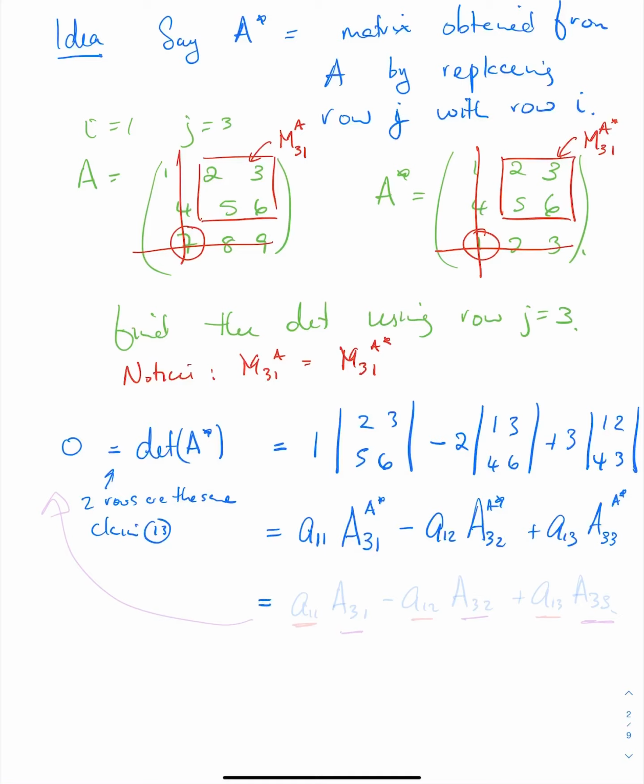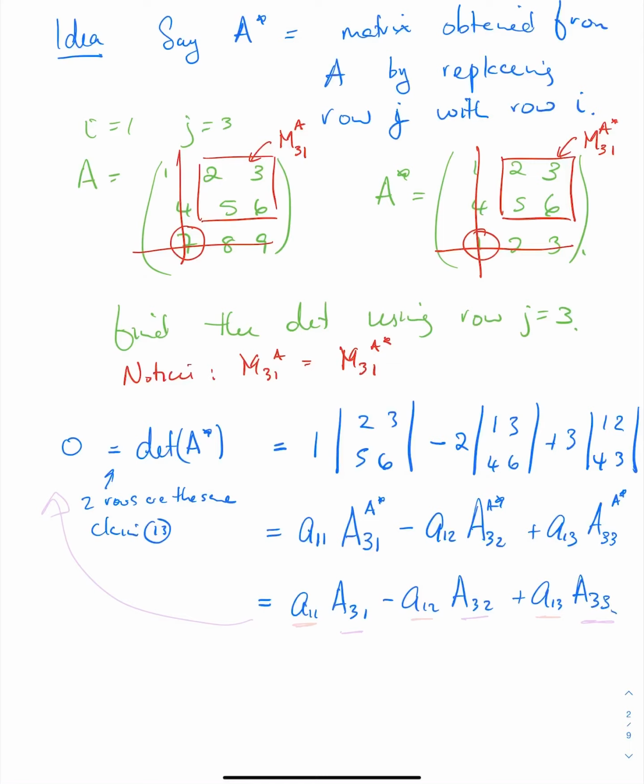But as we pointed out before, the cofactors are the same in A and A star when we're moving along row j. So this is a_11 times A_31 in A, minus a_12 times A_32, plus a_13 times A_33.